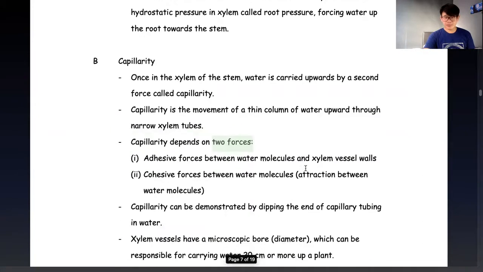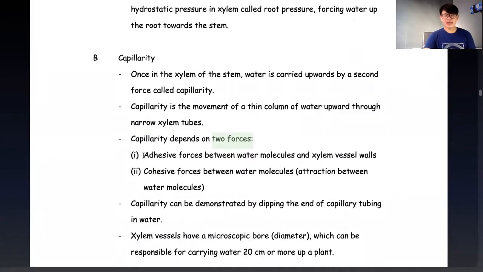What are these two forces? They are the adhesive force, which is the attraction between the water molecules and the xylem vessel wall, as well as the cohesive force, which is between the water molecules themselves, from one water molecule to another. So if you pull, the water below will also go up.